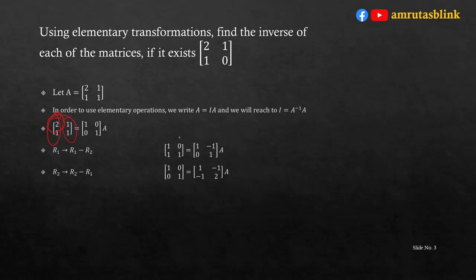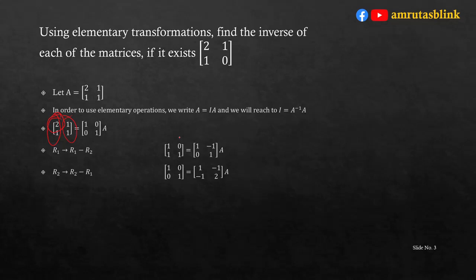So, 1, 0 as it is. Now, second row first column is 1 minus 1, that is 0, and second row second column is 1 minus 0 equals 1. Similar operations we repeat on the right hand side. First row as it is. In the second row, 0 minus 1 equals minus 1, and 1 minus minus 1 equals 2.